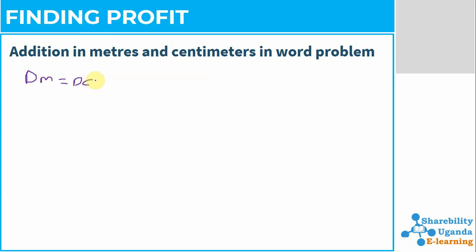This is decameters, and we are saying 10 decameters is equal to 1 hectometer.